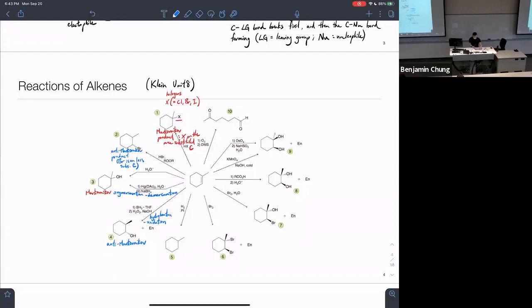And like with oxymercuration, demercuration, you have to show both of these steps occurring sequentially in order to get from the alkene to the alcohol.